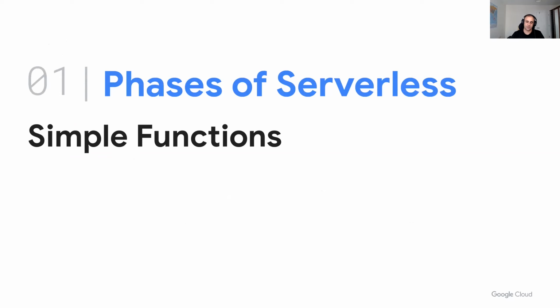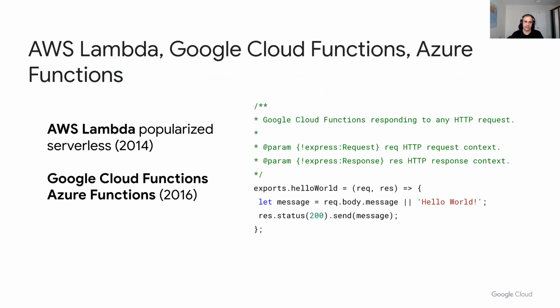The next phase of serverless was what I call simple functions. This was started by AWS Lambda in 2014, which was followed by Google Cloud Functions and Azure Functions in 2016. The idea is that you have a function written in some language, and that function typically gets an HTTP request and responds with an HTTP response, but it could be event-driven as well.